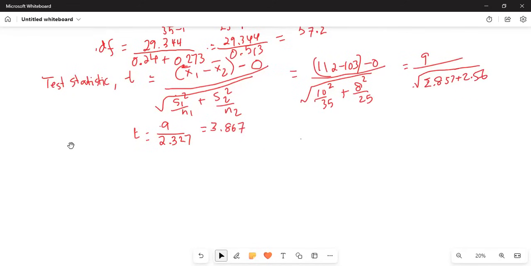I'm drawing the t distribution. This is my t distribution.